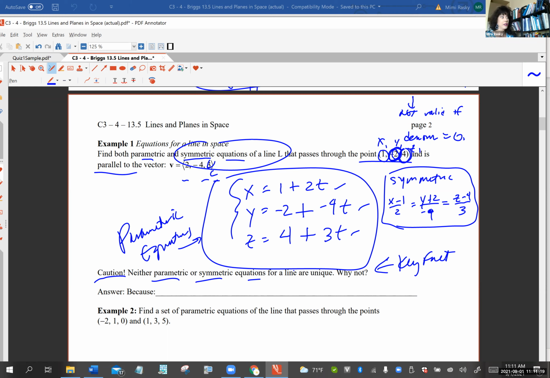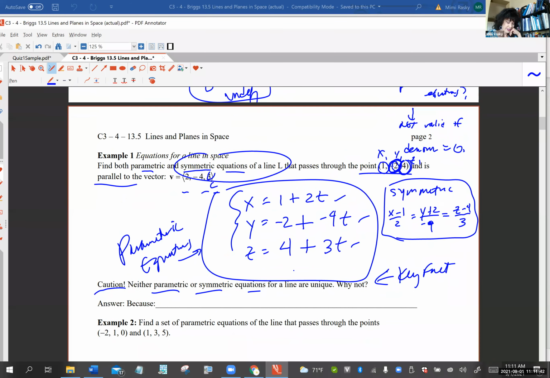It may be good, and there may be infinity other answers that are just as legit. What? Which makes it really hard for me to grade. And it makes it a little hard for MyLab Math to grade too, especially if infinity answers could be correct. So what are some things that would come into play that would change the answer but have it still be legit? Does anybody have any idea?